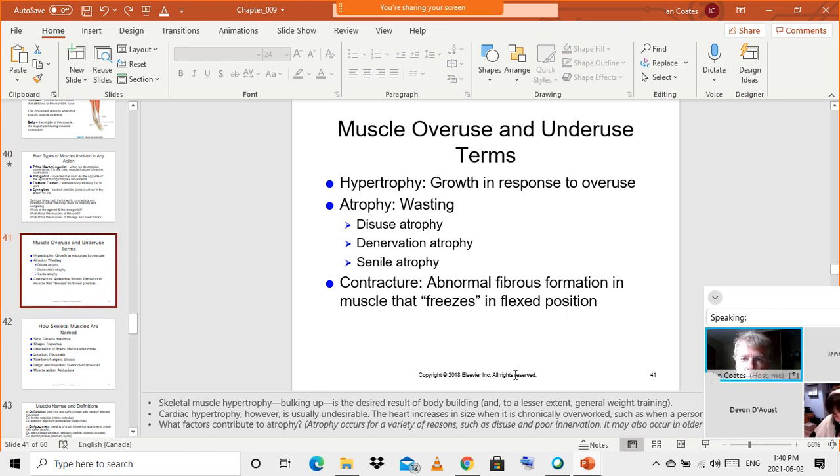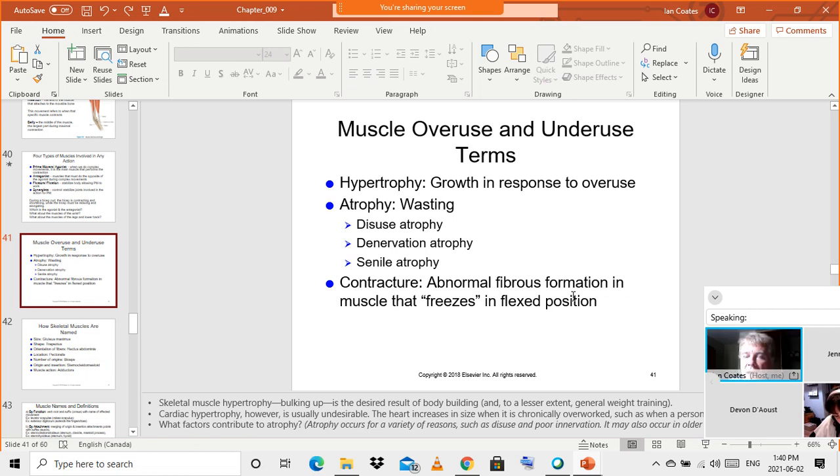Muscle overuse and underuse terms. We've got, just to tell you, hyper means up, increased. Hypo means lower. So you look at hyperthermia. Thermia is temperature.